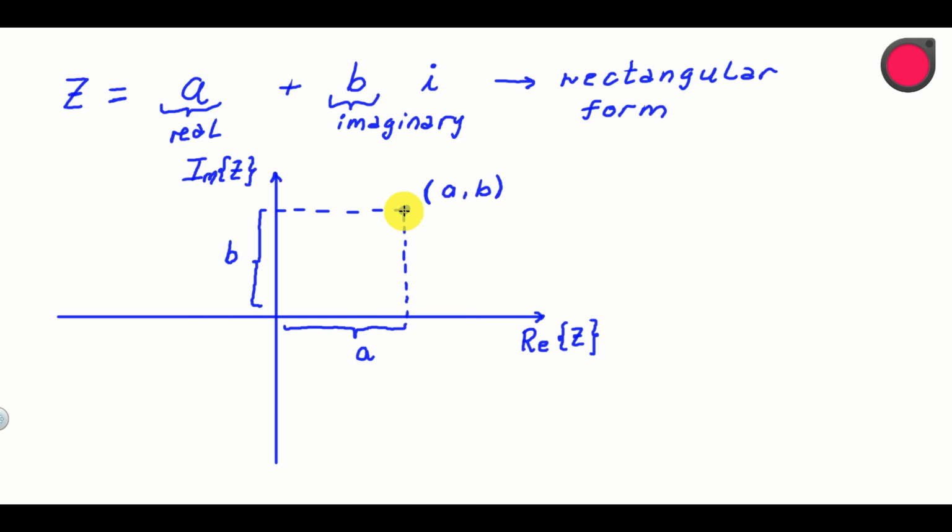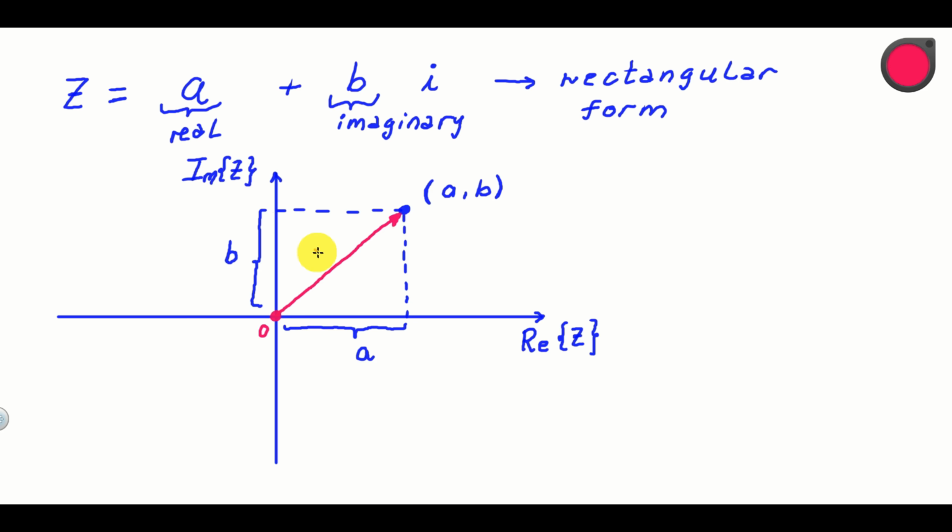However, we can also describe this point and its location in this complex plane by using polar coordinates. And the polar coordinates will actually motivate us to define the polar form of the complex number. So let's introduce polar coordinates. We can draw a vector starting from the origin 0 to this point, and here's the vector.